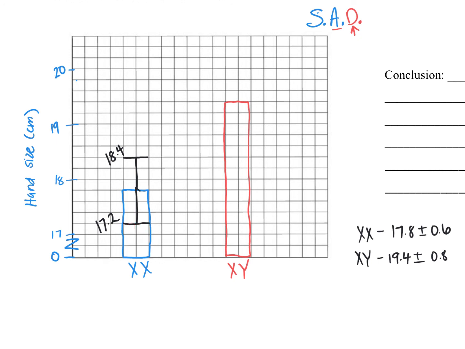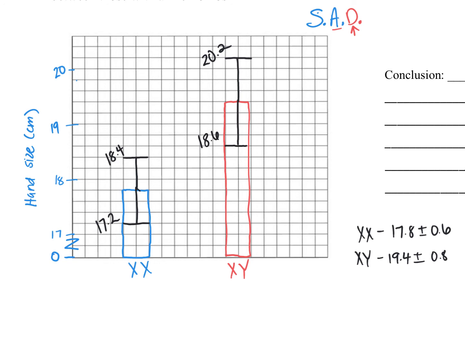Now I'm going to do the same thing with the XY, only this time I'm going to use 0.8. This will always be a standard error of the mean. This will always be given to you. So now I've gone up 0.8 and down 0.8 from the average for the XY individuals, and now my graph is complete.